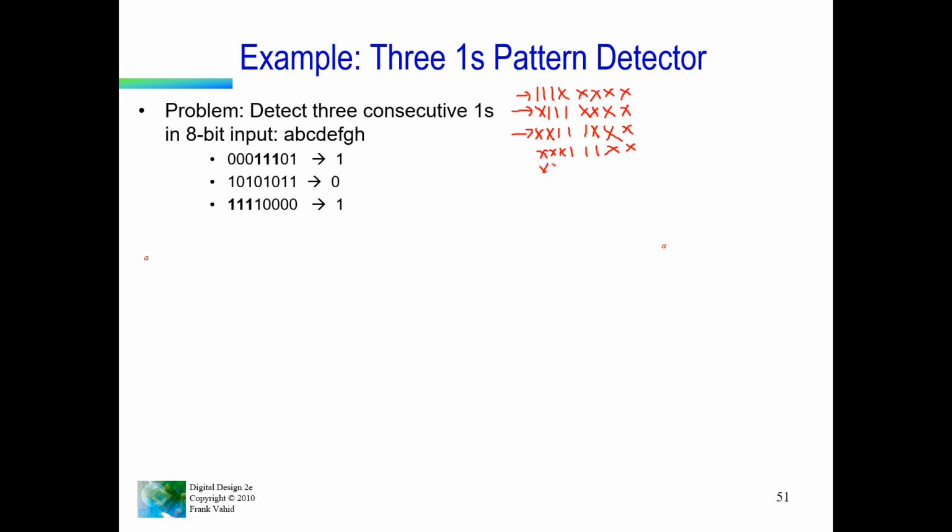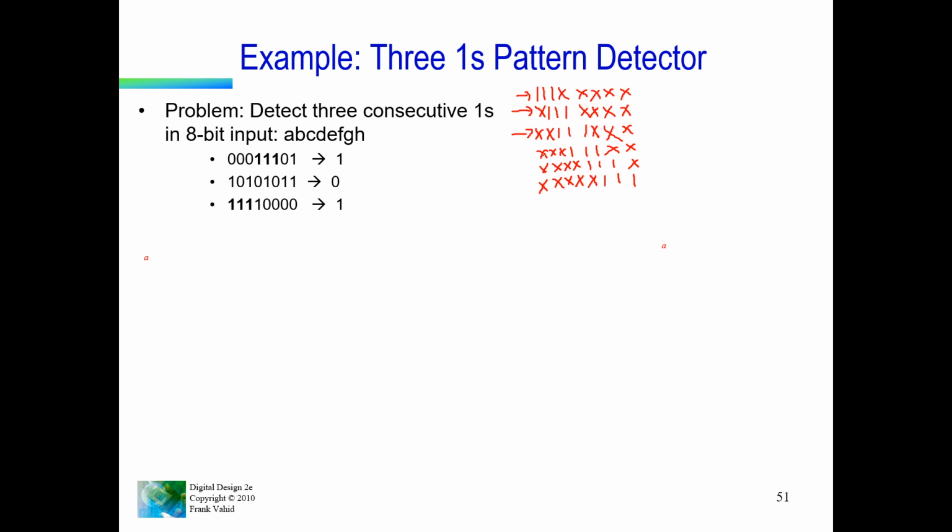So I can put 4 don't cares, which means I don't care whether they are 1 or 0, and then put 3 consecutive ones. And the other case is I put don't cares here and even at that bit, and then I have 3 consecutive ones. So actually I represent the desired functionality by using only 8 different scenarios.